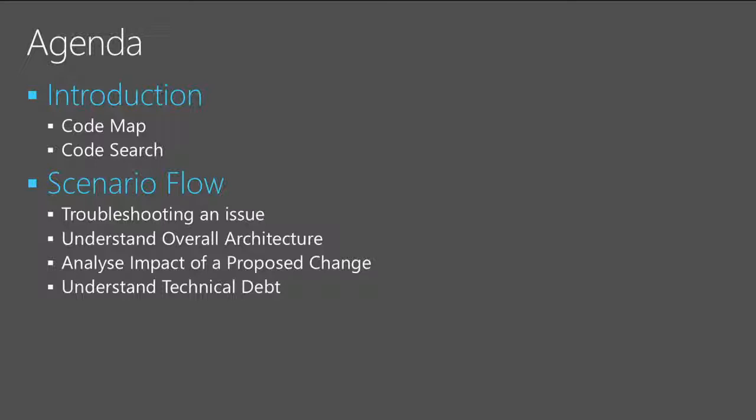And we'll end with a discussion of the technical debt that you will accrue when you do more features, and how we can measure it and how we can control that. Okay? And we will end up with a set of resources where you can go in and learn about these features in depth. Now, when we are going through the scenario flow, I will highlight those features that are new in this latest version of Visual Studio.